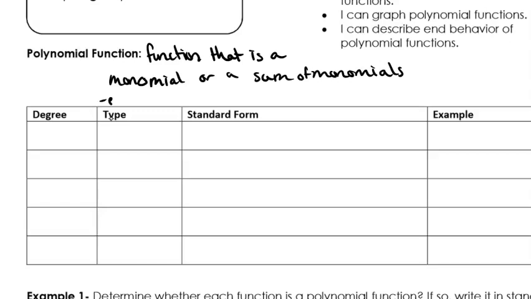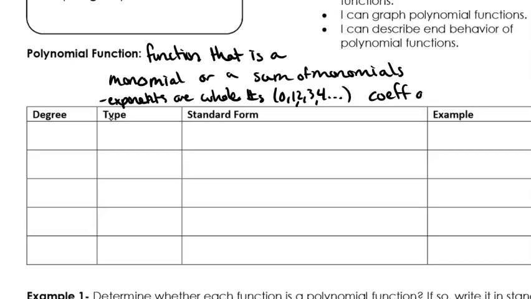And one key of it is that the exponents are all whole numbers. And whole numbers actually are numbers that start with 0. There's 0, 1, 2, 3, 4, and so on. And the coefficients all have to be real numbers. So like no i's in there.